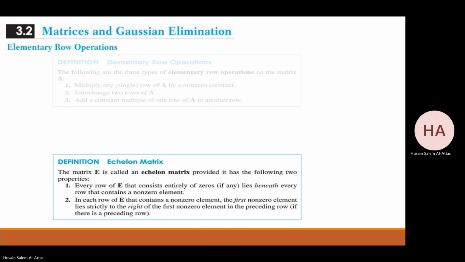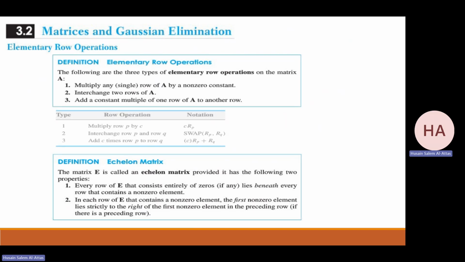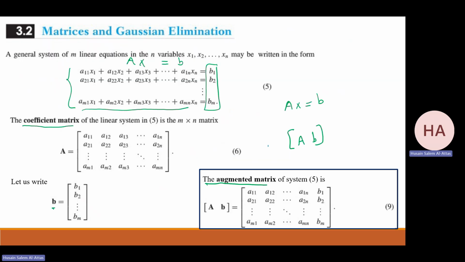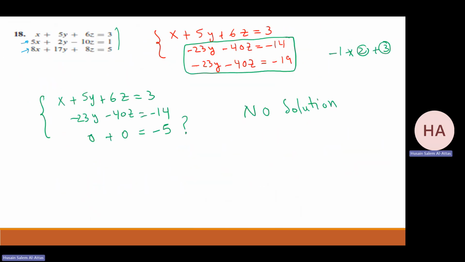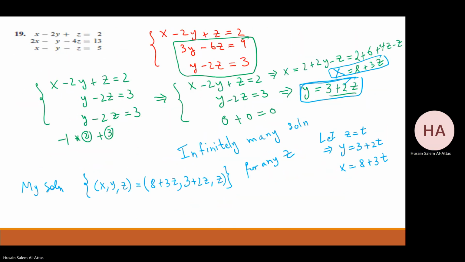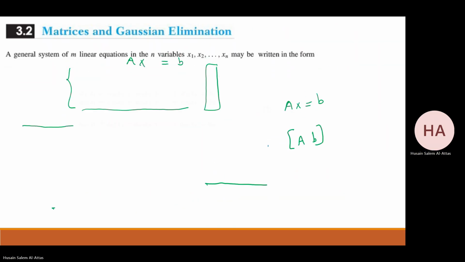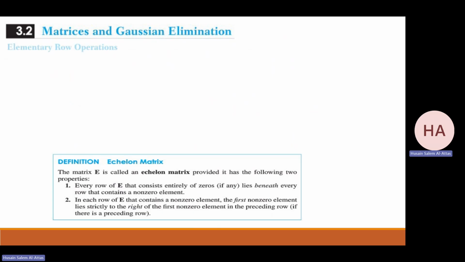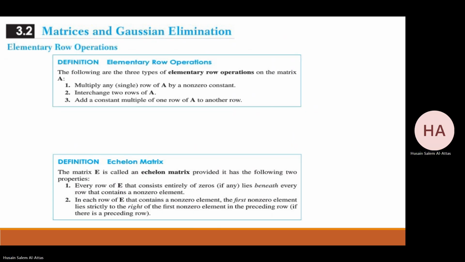So we also need to talk about elementary row operations. What are these elementary row operations? They are the same operations we talked about when we dealt with the equations. Multiply one equation by a non-zero constant. Same thing here: multiply any single row, which is an equation.